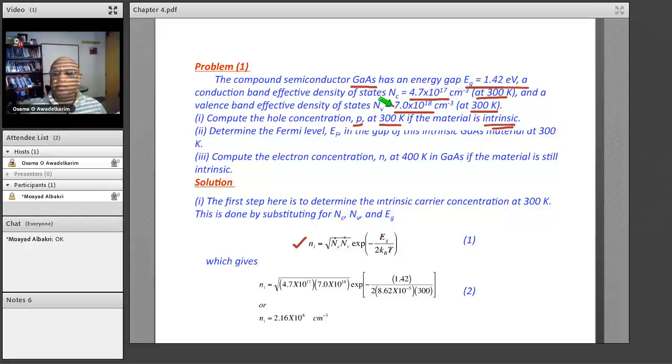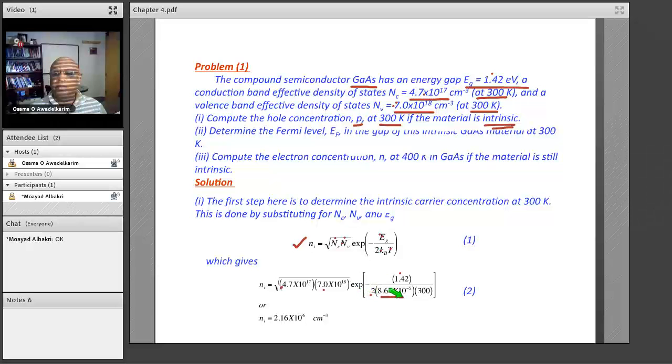We are told that Nc is 4.7 times 10 to the 17 and Nv is 7 times 10 to the 18 per cubic centimeter. We're told that the band gap is 1.42 electron volts, times 2.